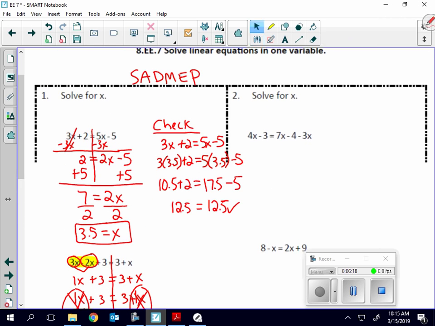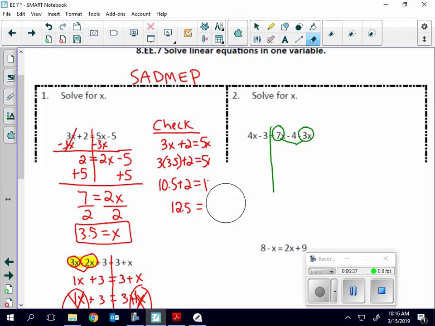All right, let's do number 2. We have 4x minus 3 equals 7x minus 4 minus 3x. We have multiple x's over here again. So now we're going to combine those. Sorry about this, I'm going to erase this so I can fit it.